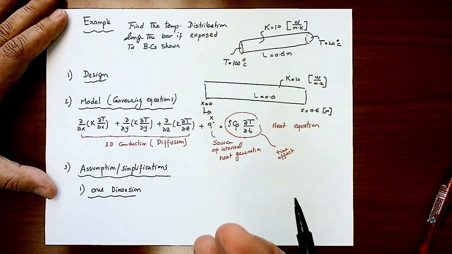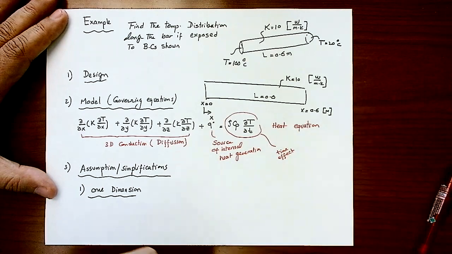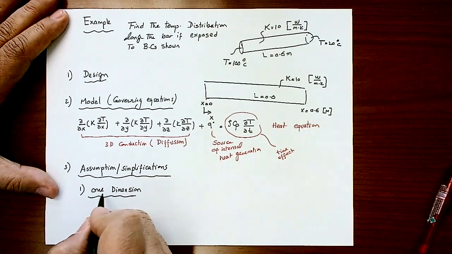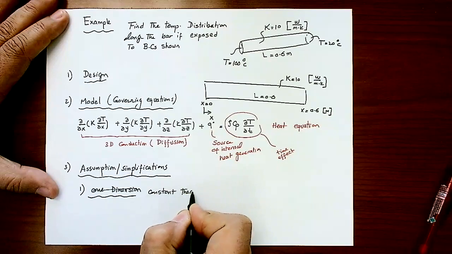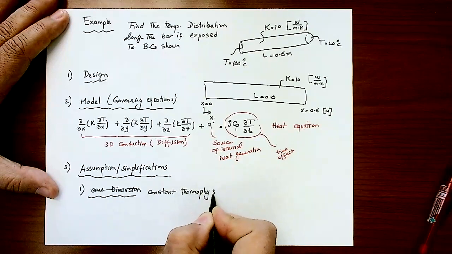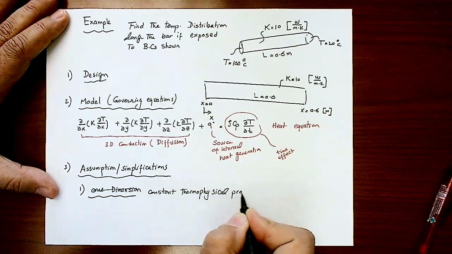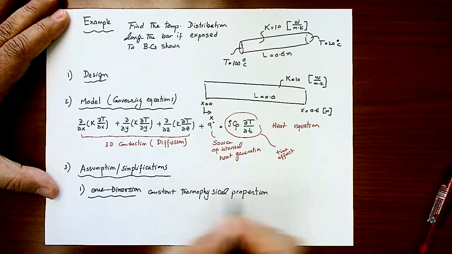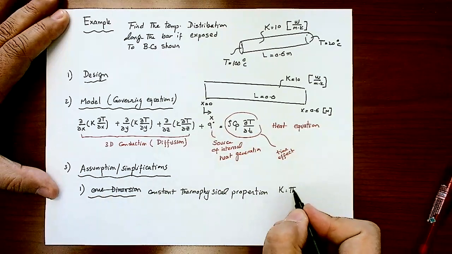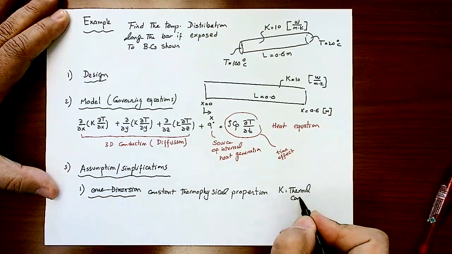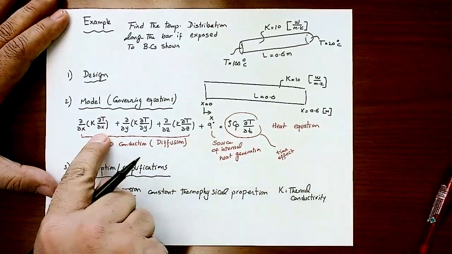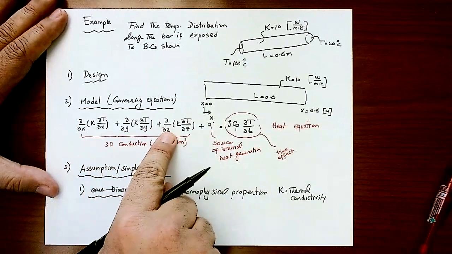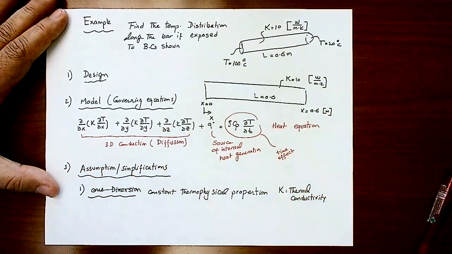Actually, let's start with something more complicated. Number 1, let's assume constant thermophysical properties. I will keep the 1 dimension assumption to the last just for a reason. Constant thermophysical properties means that your thermal conductivity K is not a function of X or Y and Z. We call that isotropic property, right?